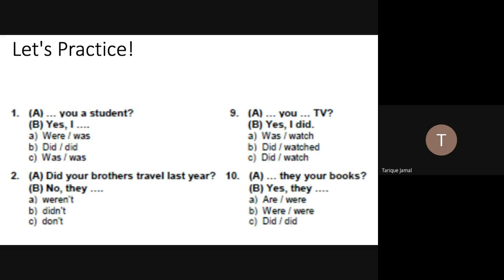So think about what you are going to put for the question. What is going to be your option? A, B, C: where, was, did. Are you going to put where for the first one and was for the second one? Or did for the first one and did for the second one? Or was for both the first and the second? All right, I want you all to do this for the next minute and a half, and then we will check your answers.